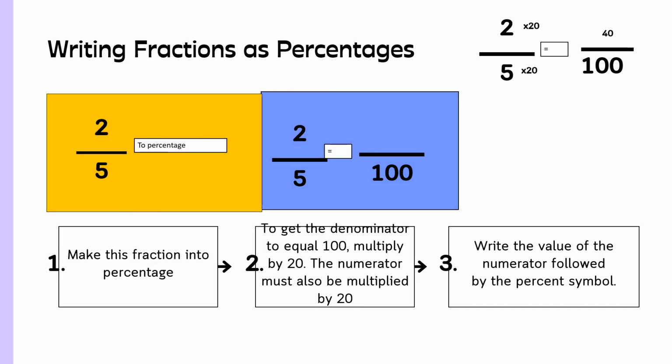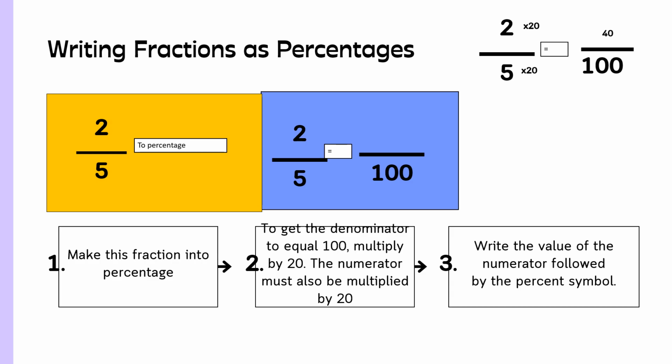Another way to look at this is without any form of pie chart. Now, 2/5, we're going to change this fraction to a percentage. What we're going to do is get the denominator, which is a 5, to equal 100.